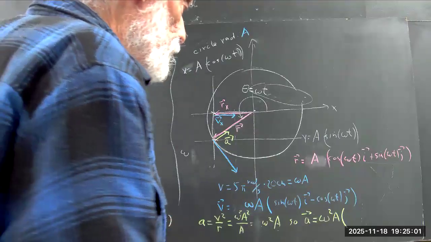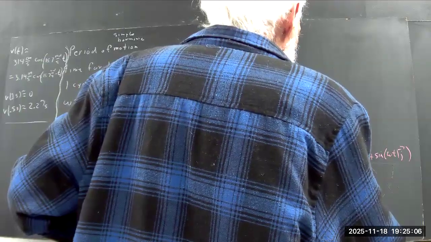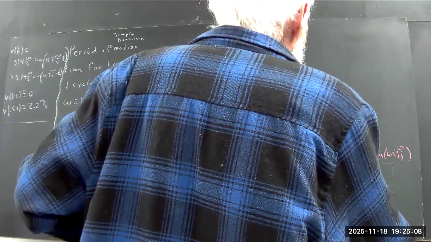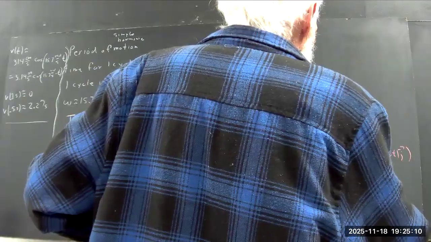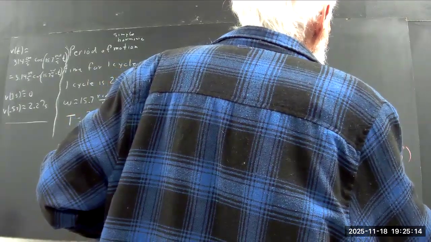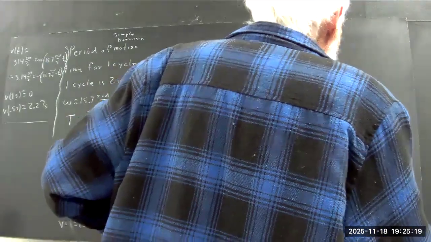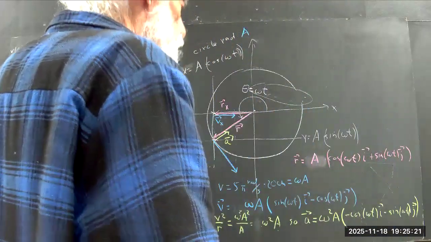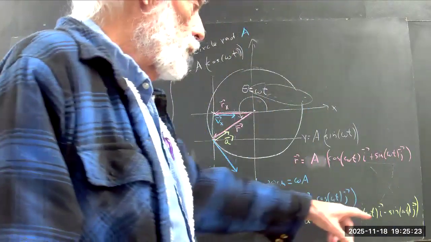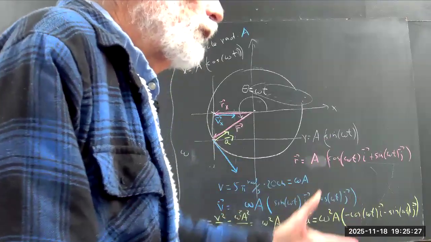In vector form, it's going to be negative cosine omega t i minus sine omega t times j. Of course, this is the derivative of this, and this is the derivative of this. We didn't use derivatives.